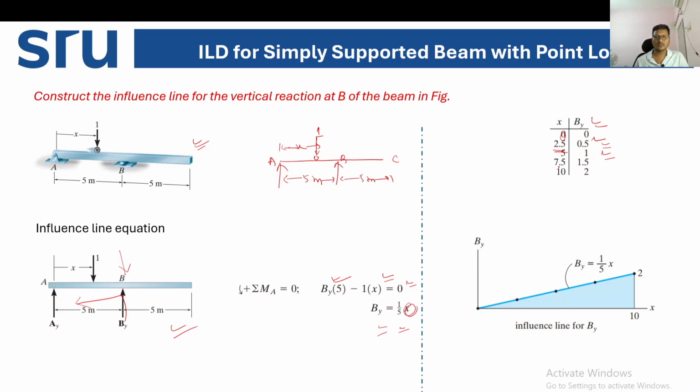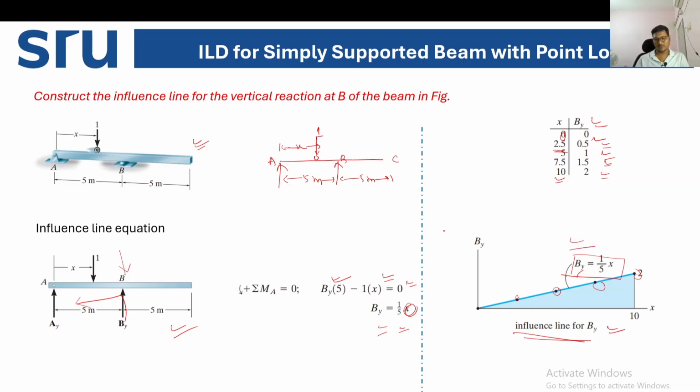If x value is 7.5, we get 1.5. If x value is 10, it will be 10 by 5 that is 2. So at x is equal to 0, it is 0, at 2.5 it is 0.5, then 1, 1.5, 2. Like this, if you connect the points or dots, we can draw the influence line diagram for By. And the equation is 1 by 5 into x.